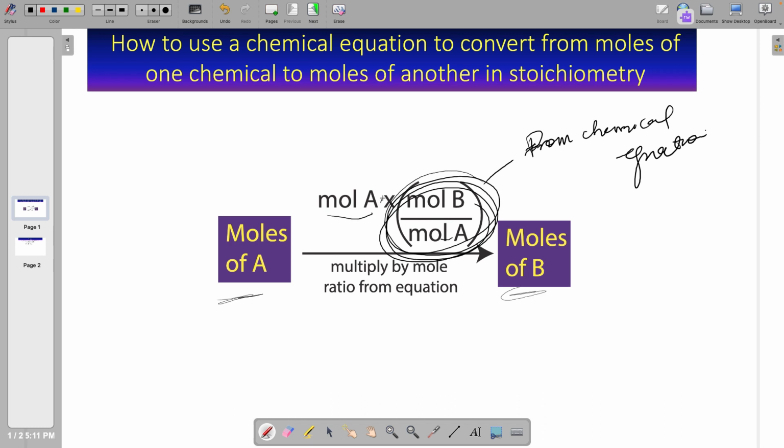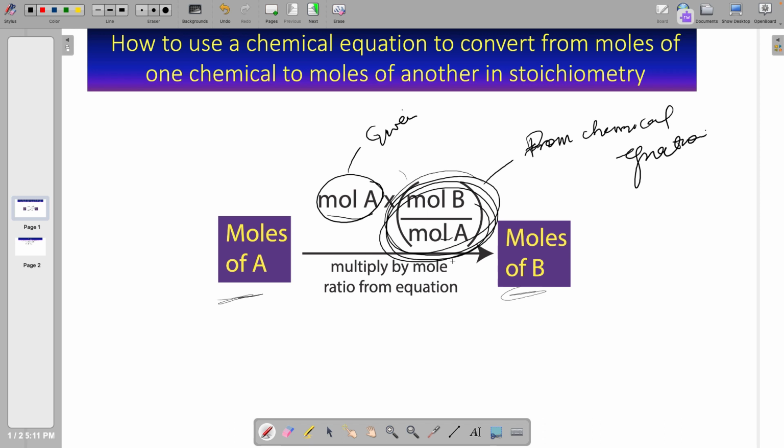And the mole A is what is given to you in the problem. So once you interpret your chemical equation in terms of moles, and you write the mole-mole ratio between A and B, then you multiply the given moles in the problem by the mole ratio from the chemical equation, which is moles of B divided by moles of A.